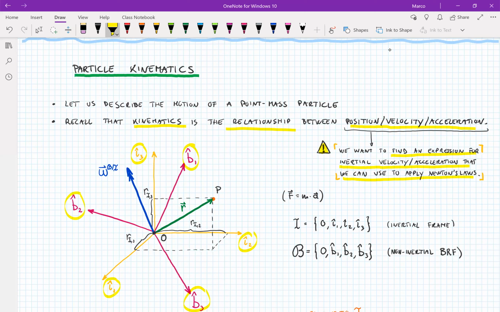And then finally, we have the position vector of the particle P. So the position vector is a vector that goes from the origin of the frames to the particle itself. And then I've also indicated the overall angular velocity of the body frame of reference with respect to the inertial frame of reference.